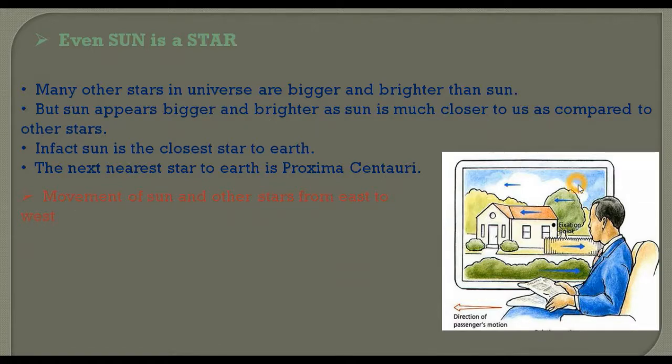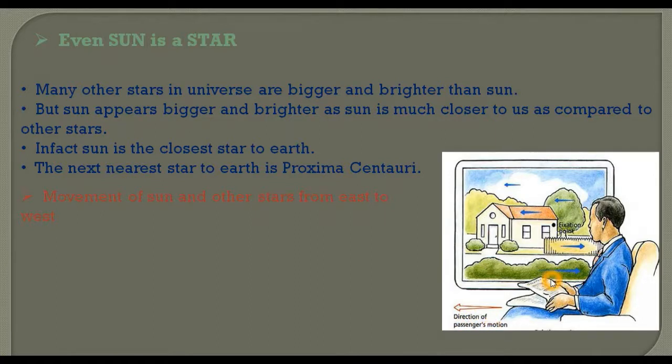If you look at this picture carefully, suppose this is a man traveling in a bus or a train, and this bus or train is moving at a very high speed. Now, what happens when this person looks outside the window? It seems as if the objects are also moving. Suppose the direction of the passenger's motion is from right to left.